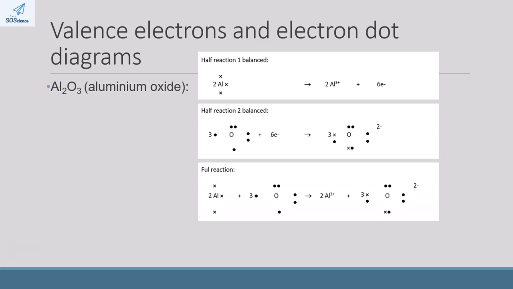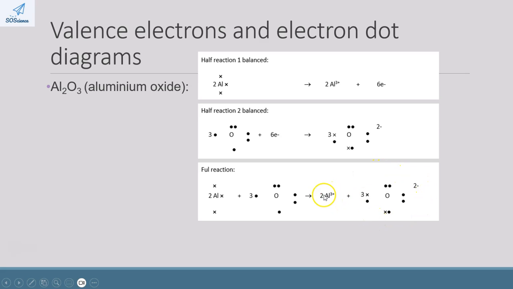Remember that the full reaction, you're just copying across what you see on the left-hand side of the arrow and what you see on the right-hand side of the arrow, always starting with a metal. So 2 aluminiums with 3 valence electrons around them and 3 oxygen atoms with 6 valence electrons around them will make 2 Al3+ plus 3 O2-.